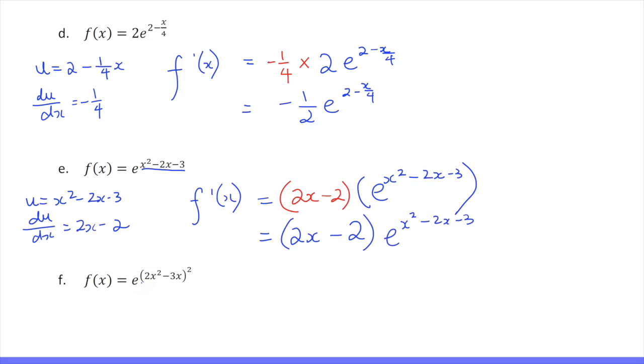Part F, once again, recognizing that this is the inside function. Deriving this function. Now, this is going to be a little confusing because it's going to feel like a chain rule within a chain rule. So in order to derive this rule, I do need to use the chain rule. So that's where the 2 is going to come out the front. And then I need to multiply that by the derivative of its inside function, which is this one over here.